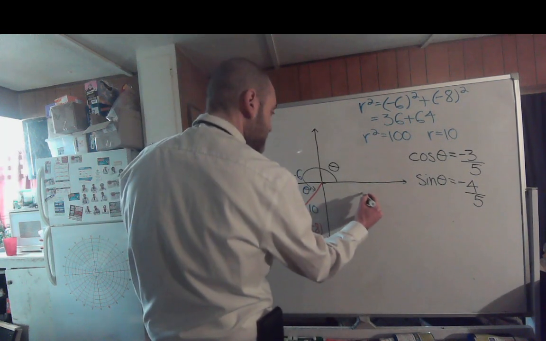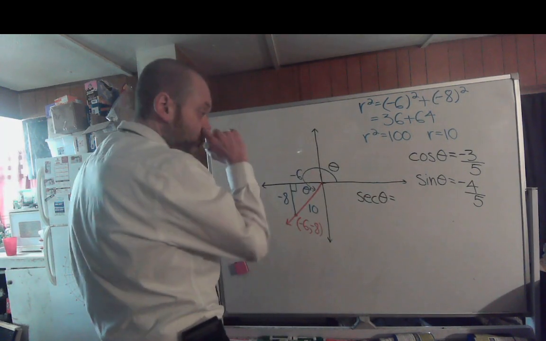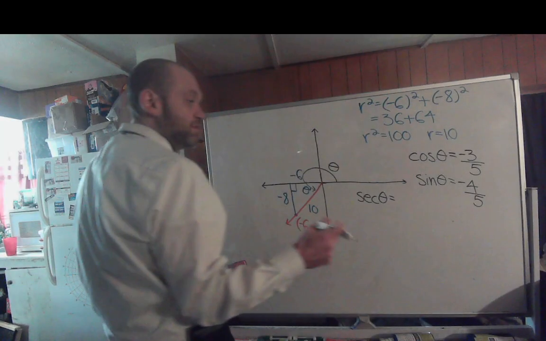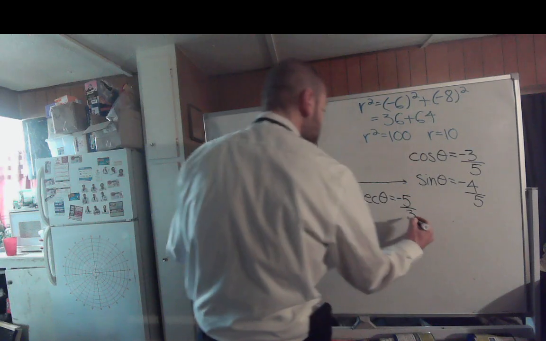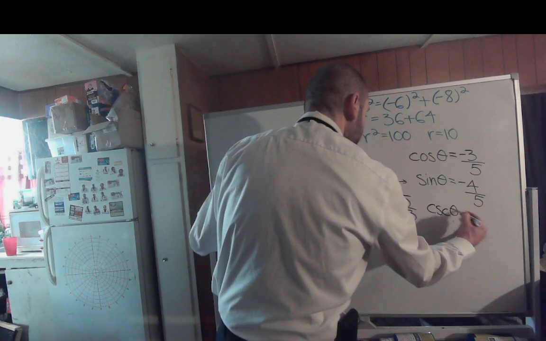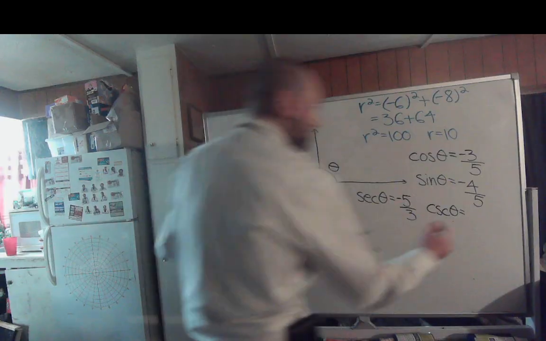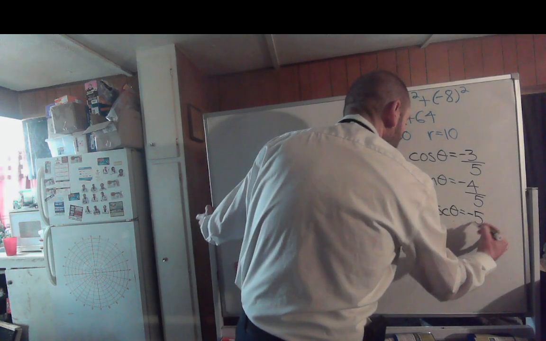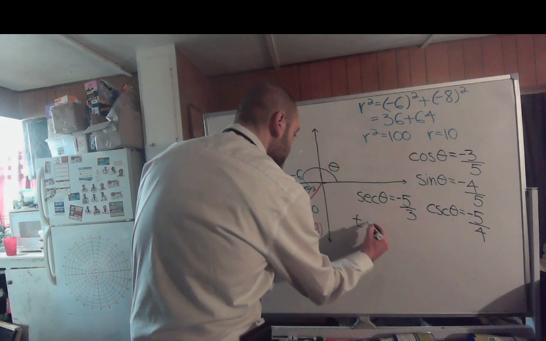Now let's find the secant of theta. That's 1 over cosine, so 1 divided by negative 3/5, that's negative 5/3. Now what about the cosecant of theta? That's 1 divided by sine, so 1 over negative 4/5, that'd be negative 5/4. And then we can find the tangent of theta.